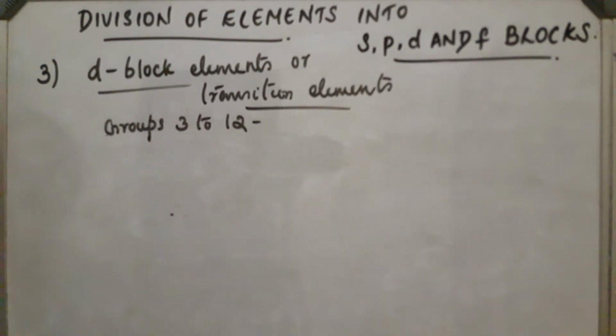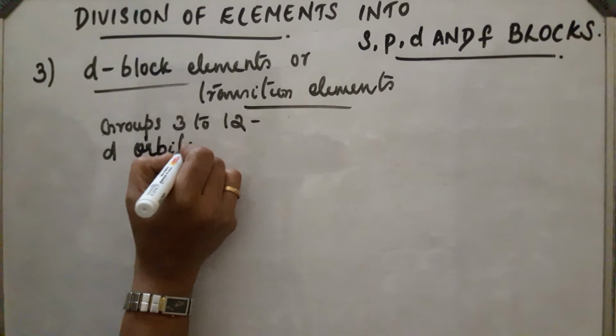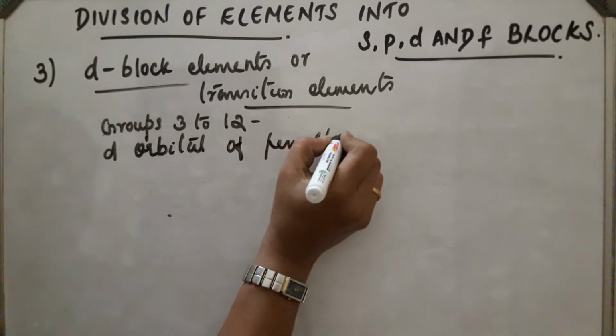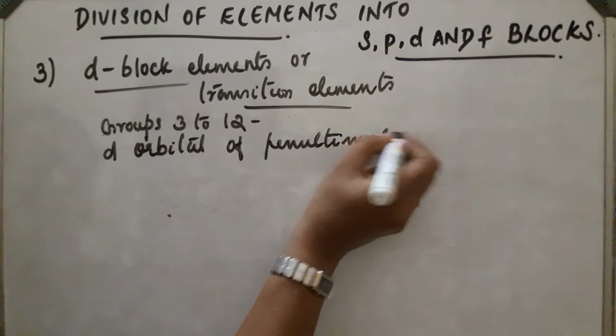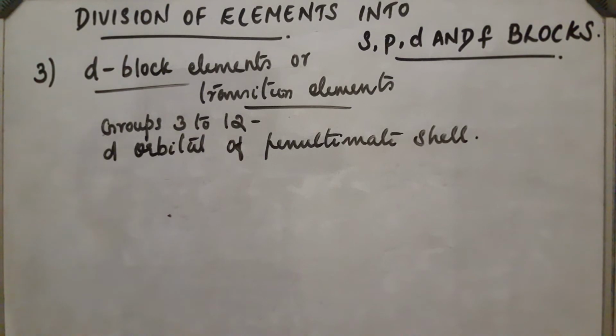In this case, the last electron enters into the d orbital of the penultimate shell. Penultimate shell is the shell just before the outermost shell.